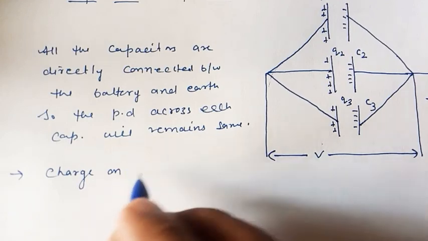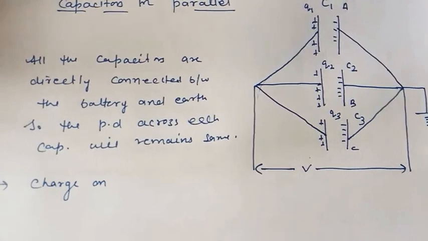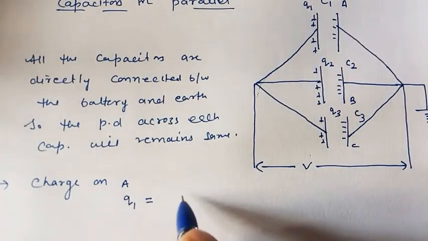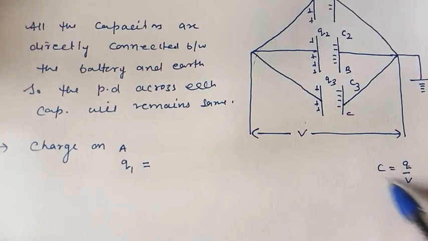Charge on capacitor A, let it be capacitor A, this will be capacitor B, and this will be capacitor C. Charge on capacitor A, that is Q1. From the definition, C equal to Q upon V, so Q equal to CV.